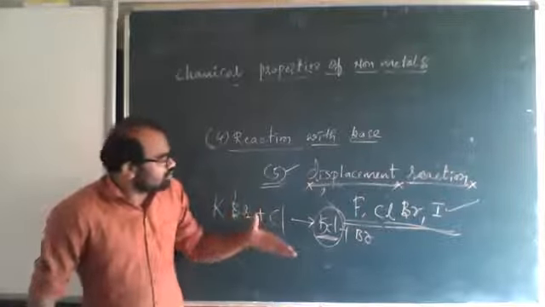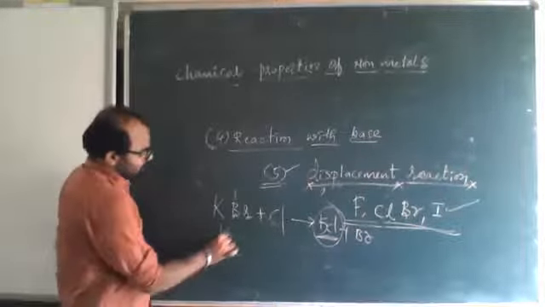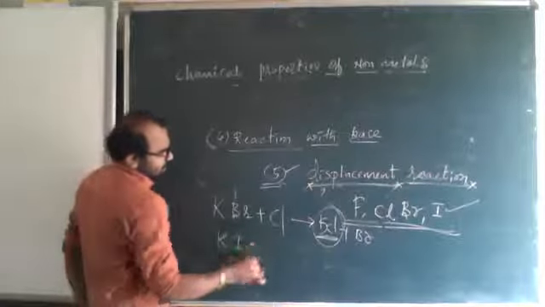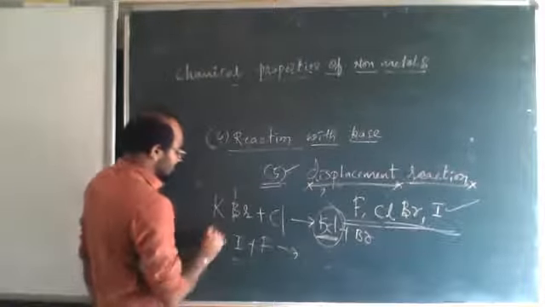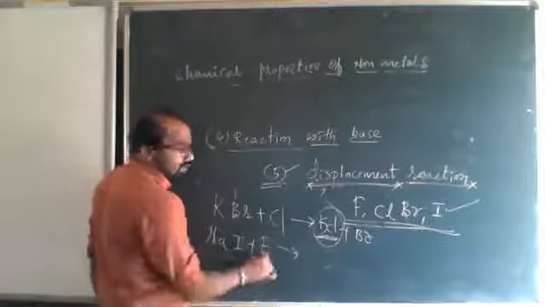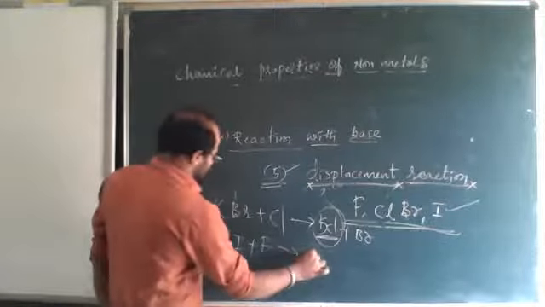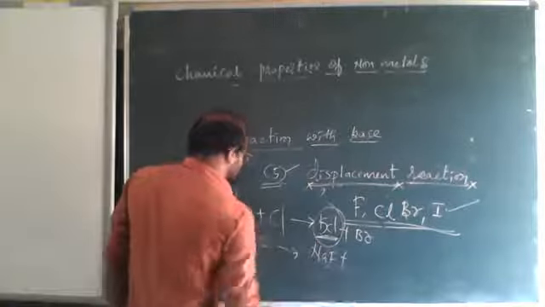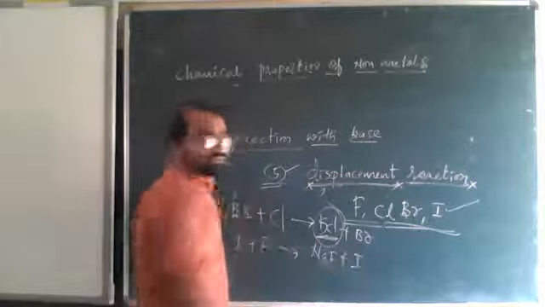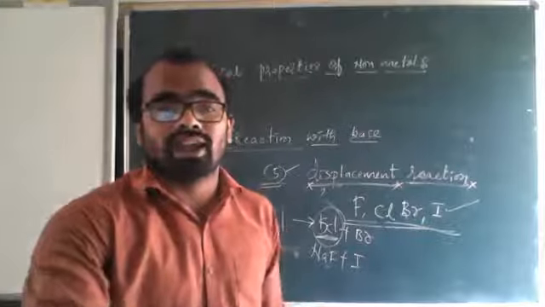And here also, if I take another one, if I take KI and fluorine, the same thing will happen. So you can take NaI, sodium iodide, which reacts with fluorine and produces sodium fluoride along with iodine. So this one you have to understand.